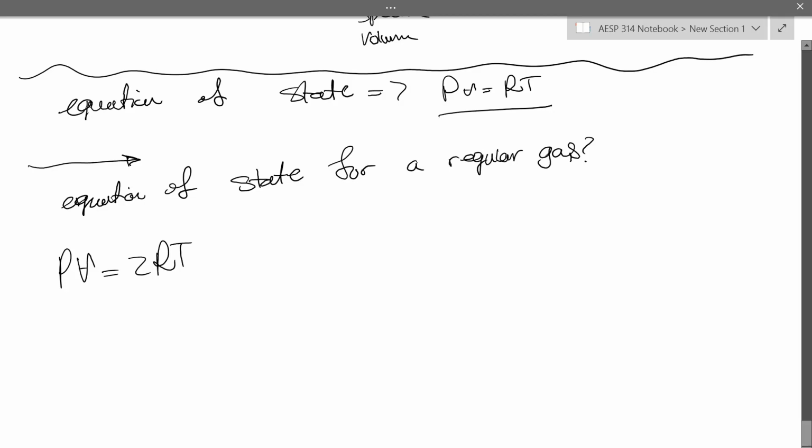The problem is here we are going to have a lot of unknowns, right? So we need to be able to at least remove one of the unknowns here, right?